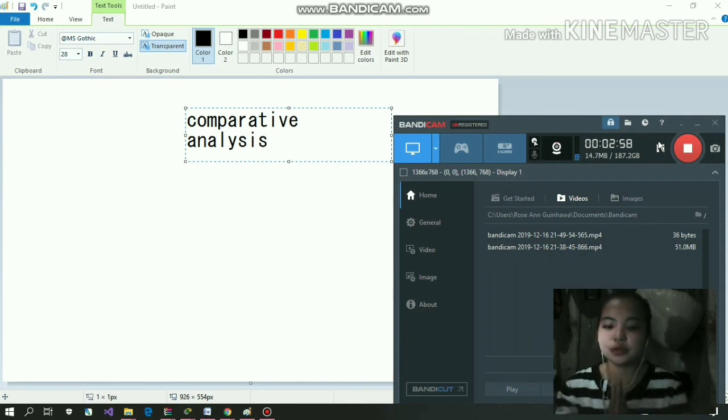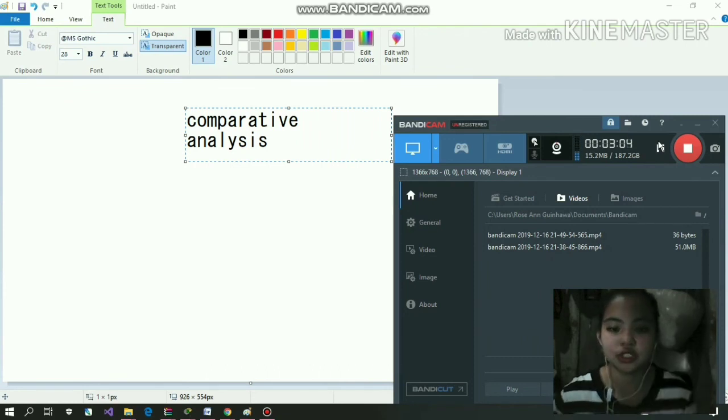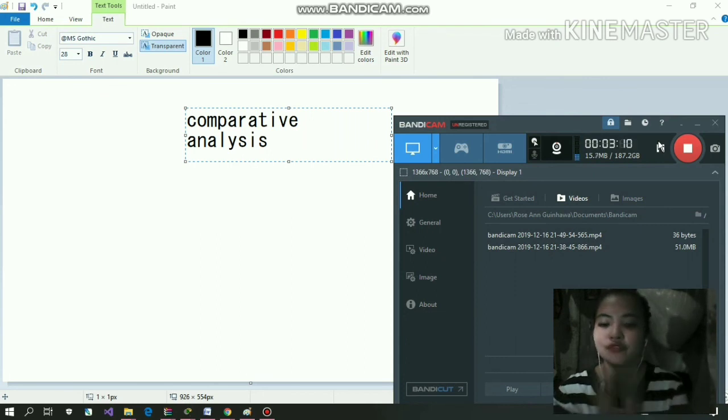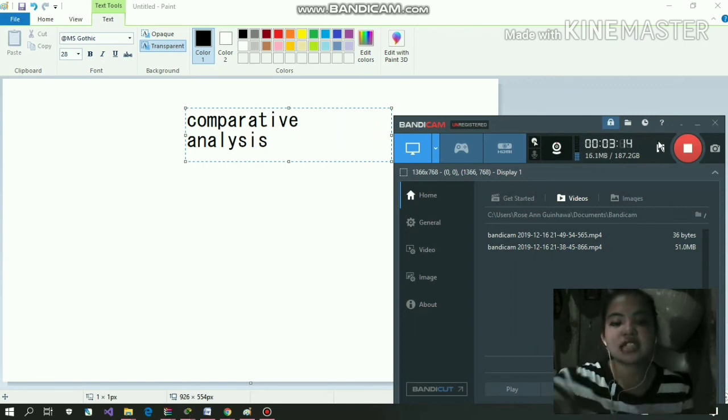I will give you the advantages and disadvantages of a mesh topology. I have here four advantages and three disadvantages of a mesh topology.